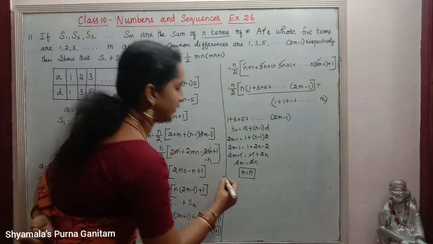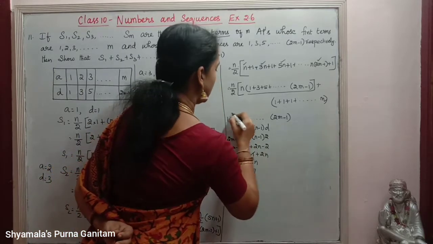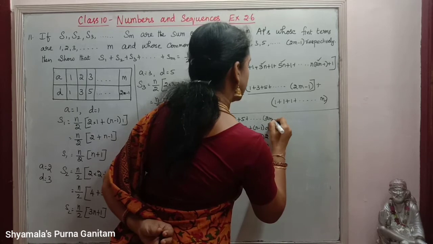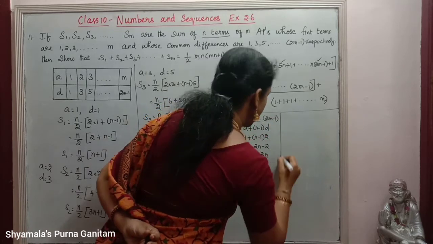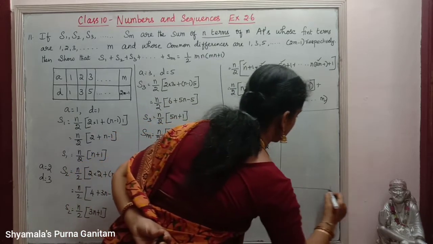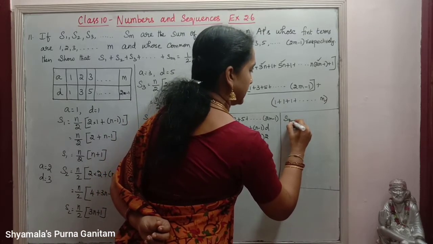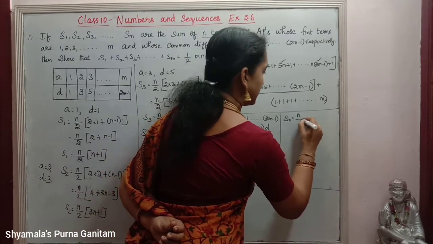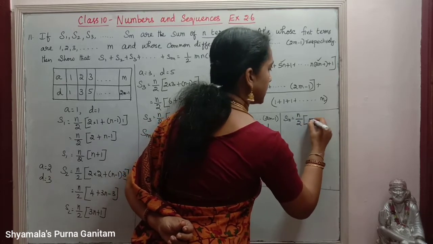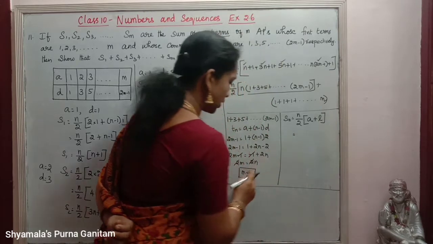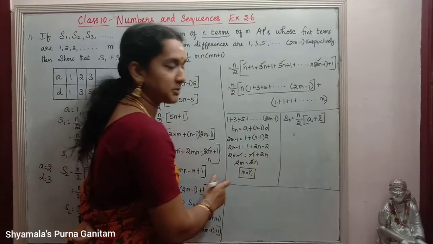Now we will find the sum of the terms. Sn is equal to n by 2 into a plus l. Instead of n, we will substitute m.